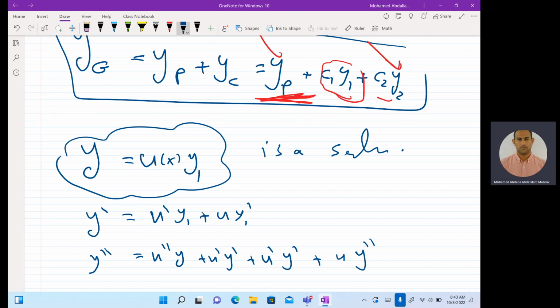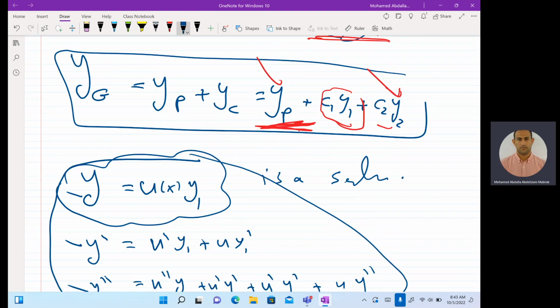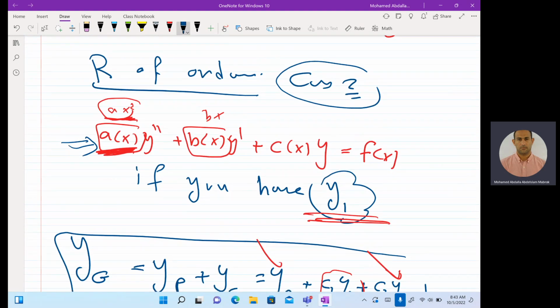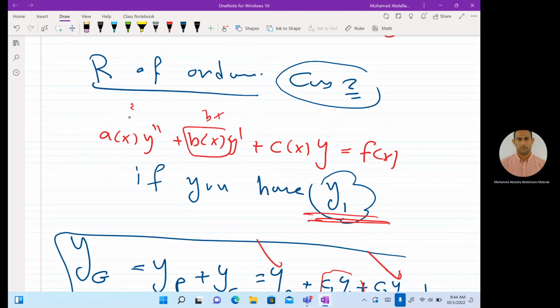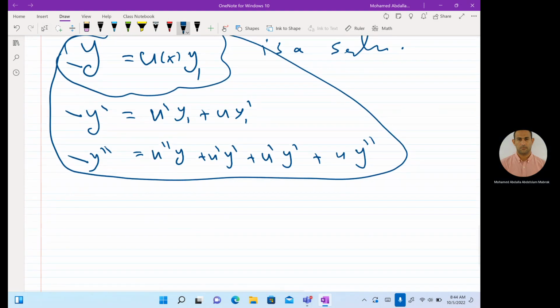Those are two functions multiplied together, because u is a function of x. So you have y, y dash, and y double dash. Take all those three and substitute in the equation that you're trying to solve, which is this one here. Substitute in this, because you know y1, or y1 is given, so you can easily do that.